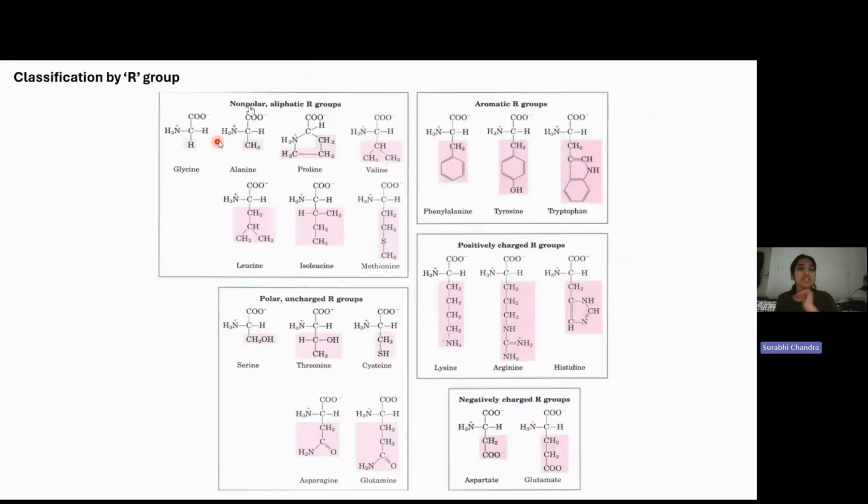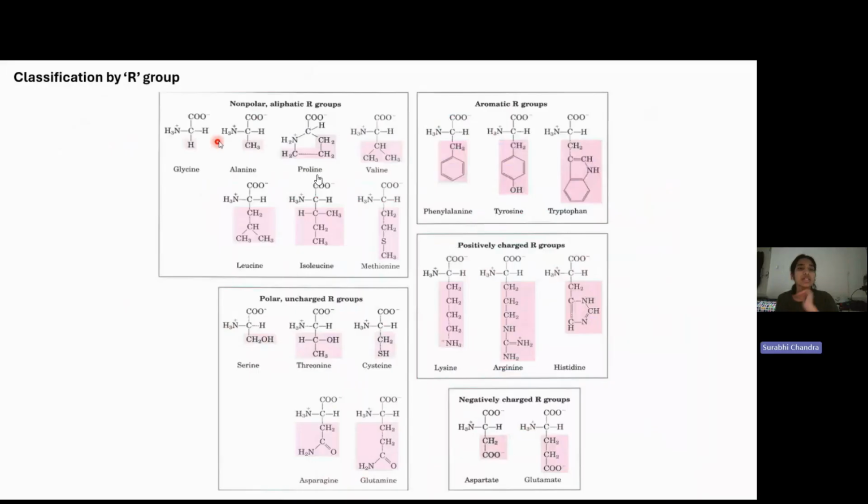It has a simple non-polar carbon chain attached to the C alpha, like proline here, valine here, methionine. You guys know that during protein translation, the very first amino acid that gets incorporated or encoded is methionine. Methionine has a sulfur group attached to it, and then you have isoleucine and leucine as well, and then you have aromatic, and another amino acid, proline, is present.